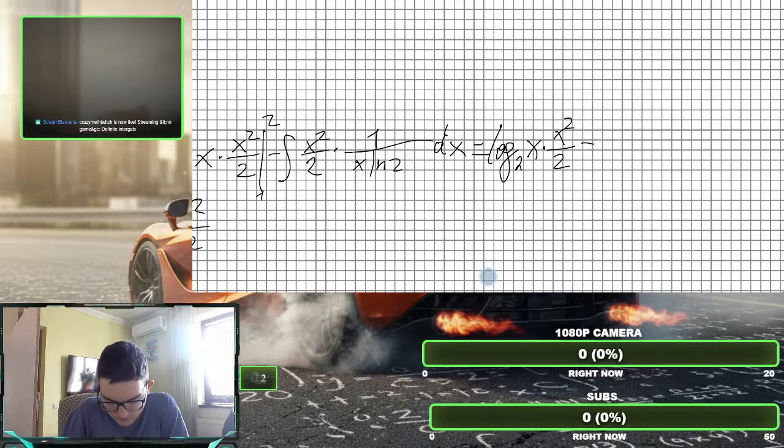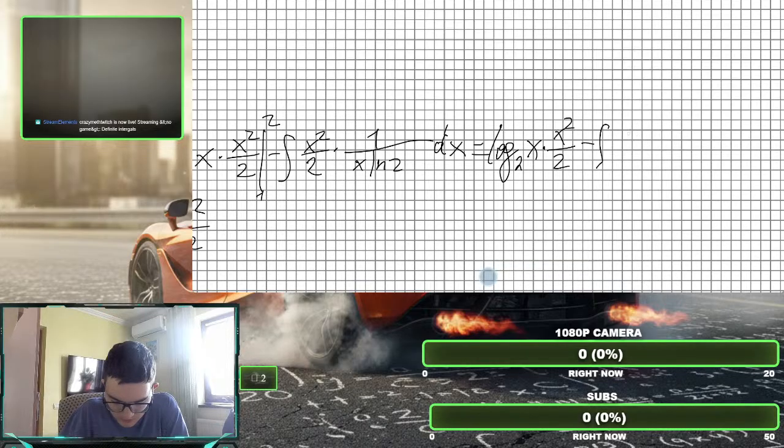And I think we're gonna have to use IBP again for the second integral, as there's no formula for this kind of stuff. So x to the second power divided by 2x ln 2. So I'm gonna write like this for now.